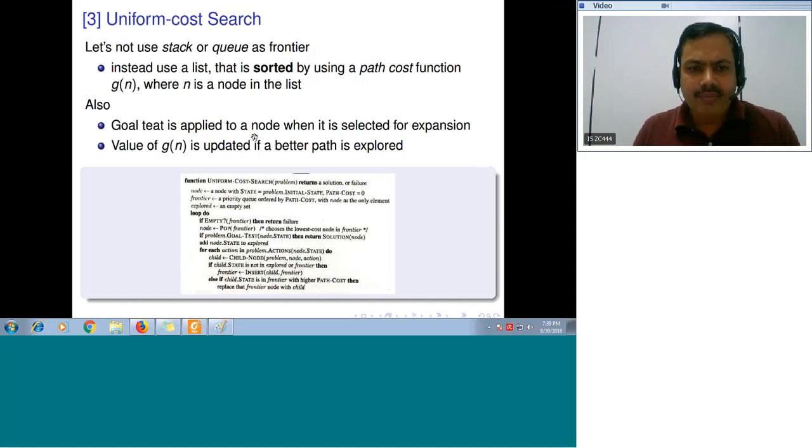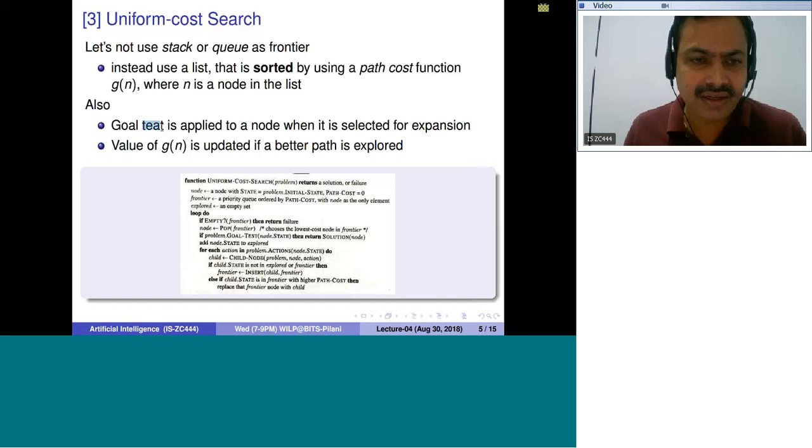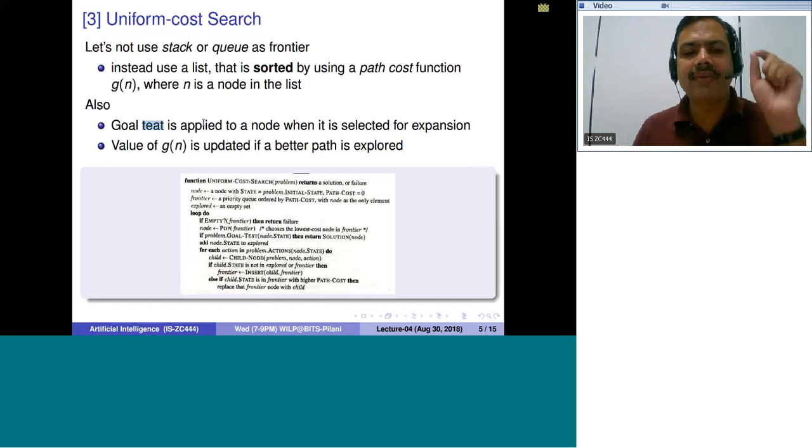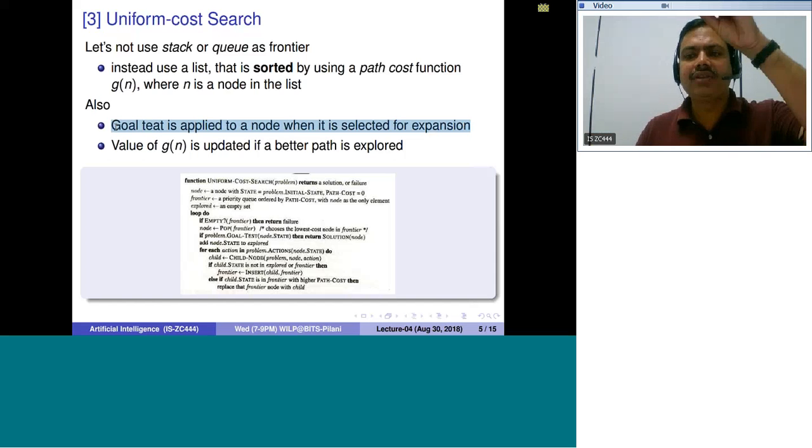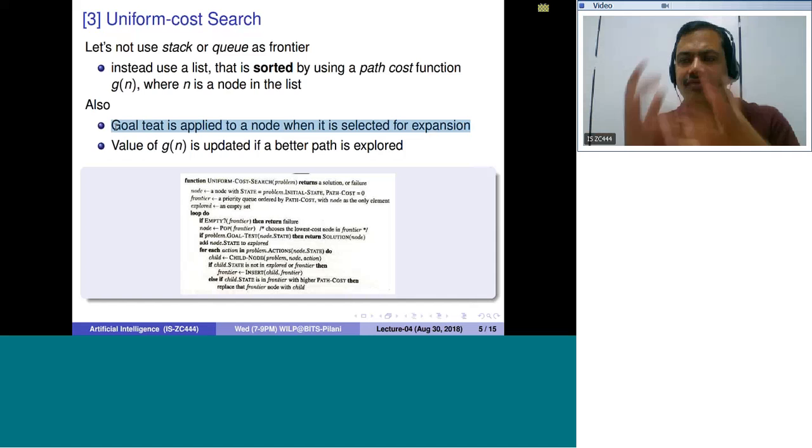This is a very important point that you need to understand: a goal test is applied to a node when it is selected for expansion. I think it is wrongly written on the slide. It is goal test that is applied to a node when it is selected for expansion. Sometimes you are in a state, you go to the next state, and you find the goal state.